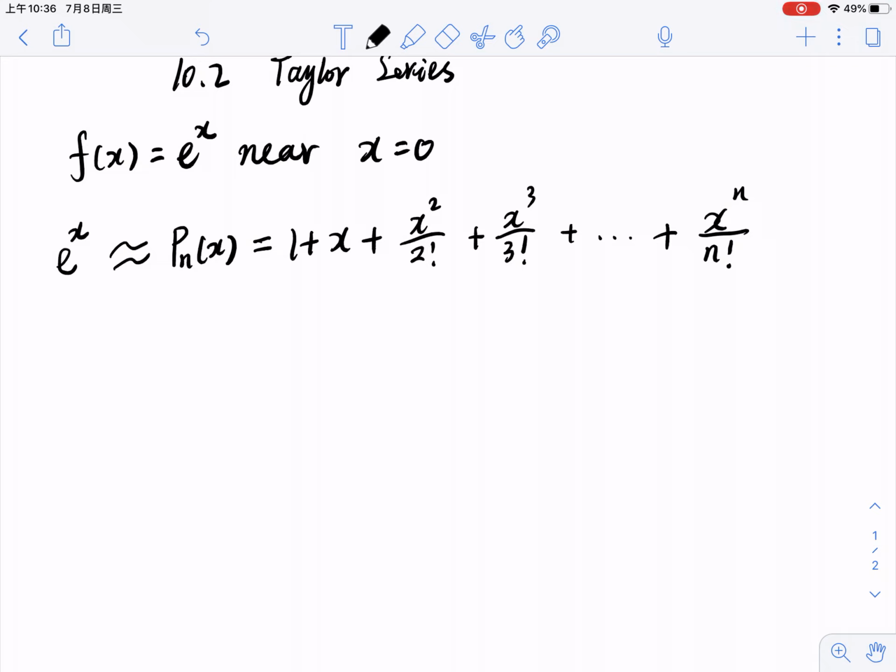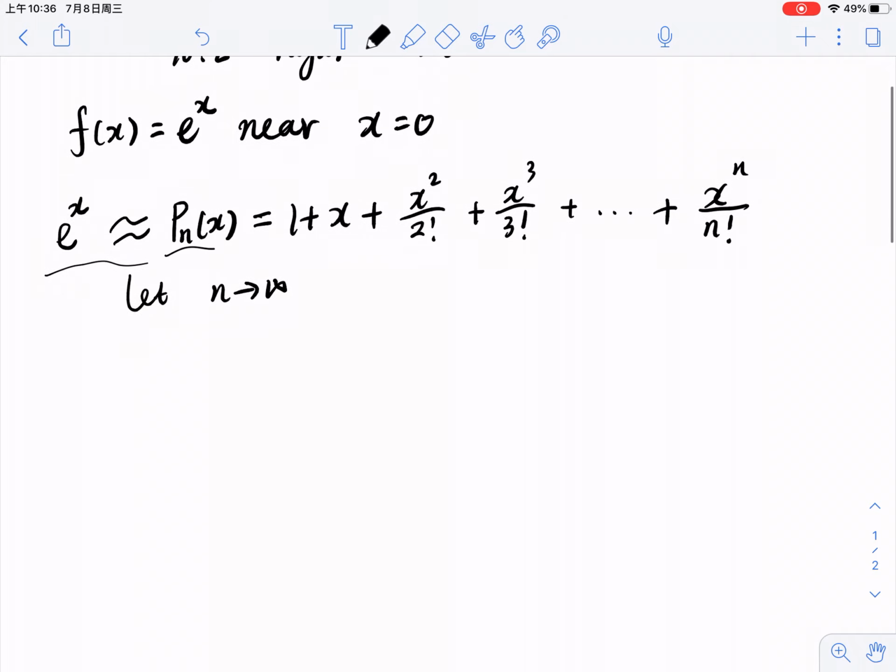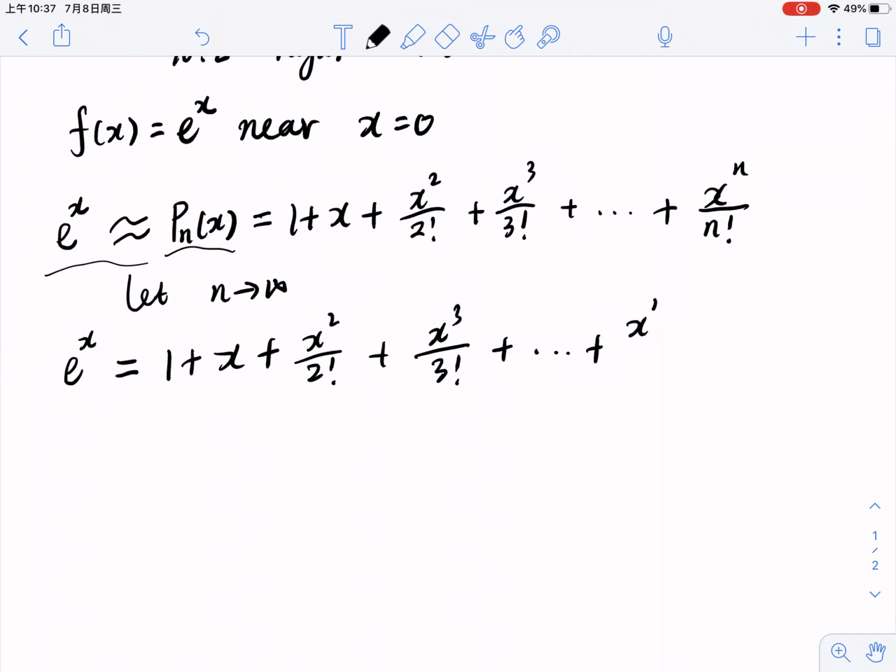e^x. In fact, if we let n go to infinity in this approximation, this P_n(x) will converge to e^x, and we have e^x is the same as this series 1 + x + x squared over 2 factorial + ... + x to the power n over n factorial + and so on.